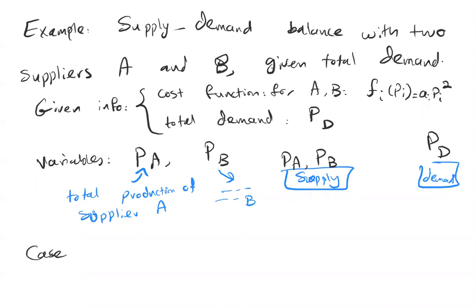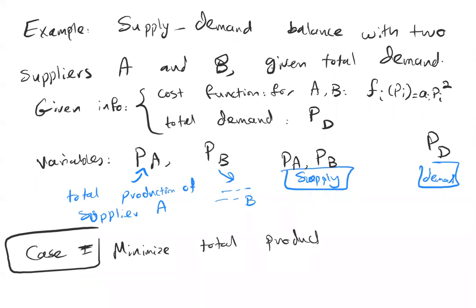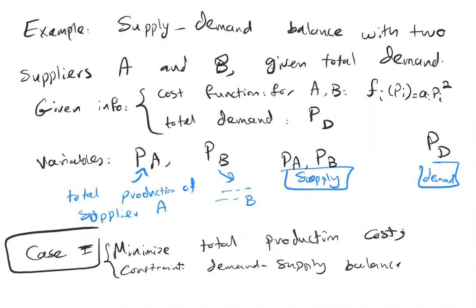Now we are going to formulate different instances of this problem. Case 1. Our goal is to minimize total production cost, and our constraint is demand supply balance.